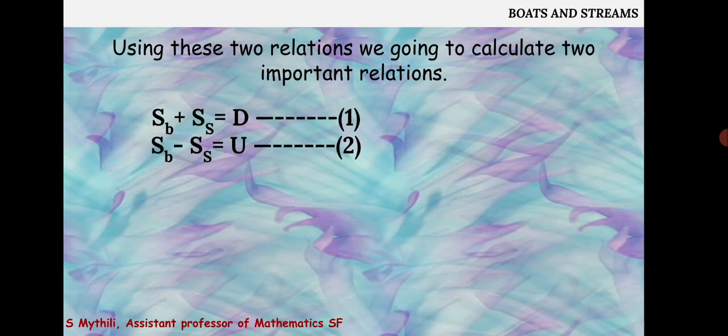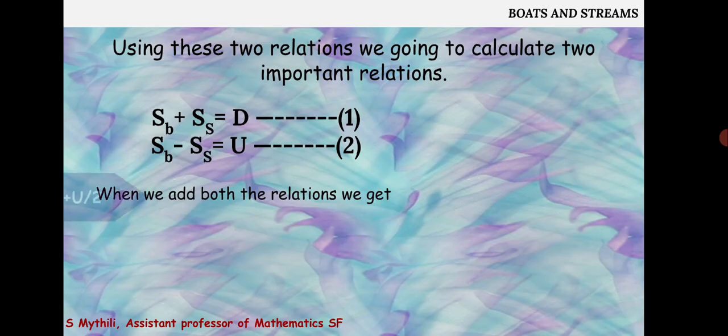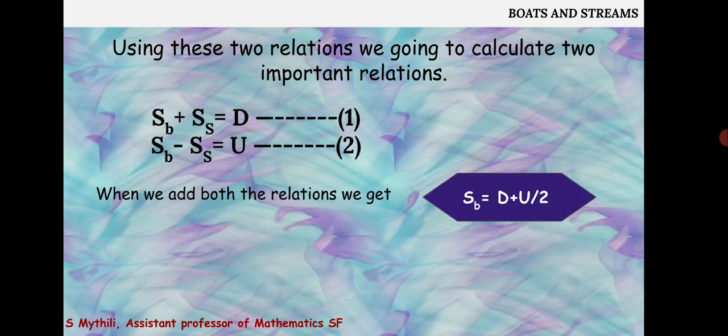And speed of boat minus speed of stream is equal to the upstream, we call it 2. When you add both the relations, we get SB, that means speed of boat equals downstream plus upstream by 2.